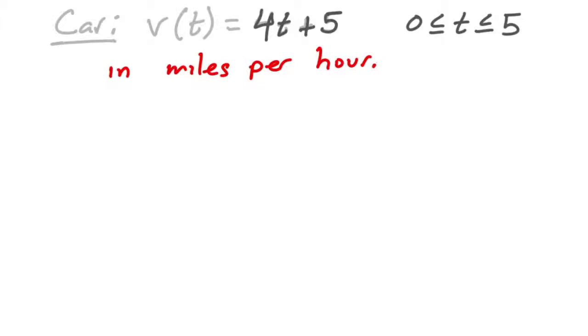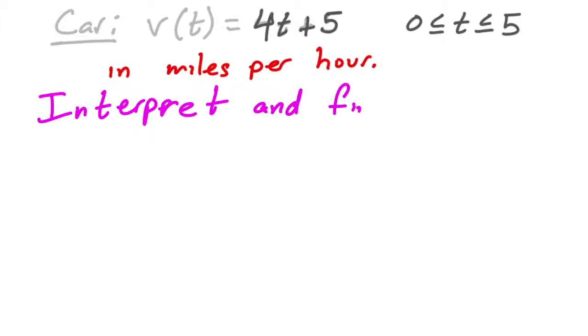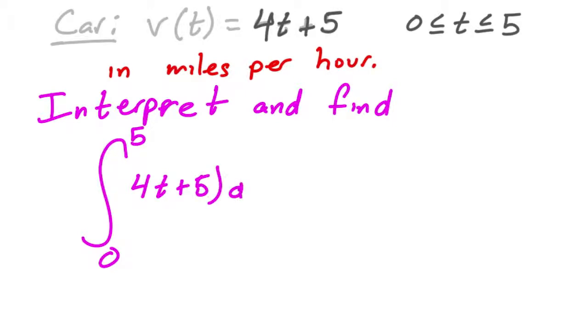Okay, now let's say we want to interpret and find the following: the integral from 0 to 5 of 4t plus 5 dt.